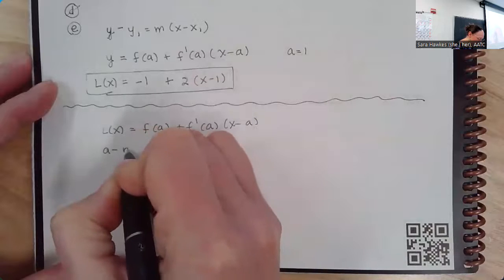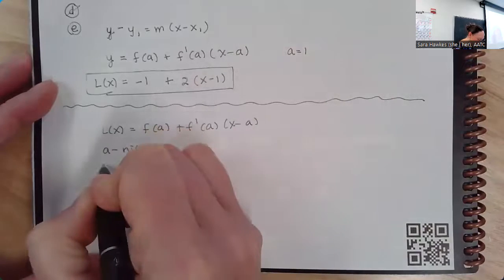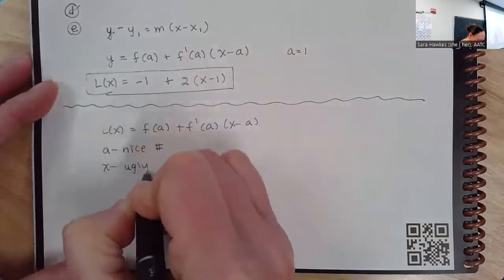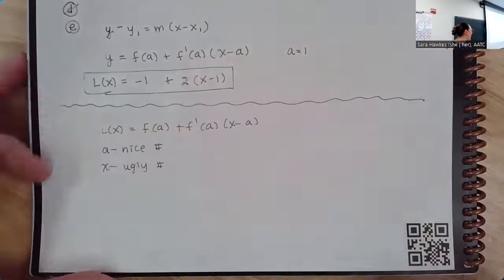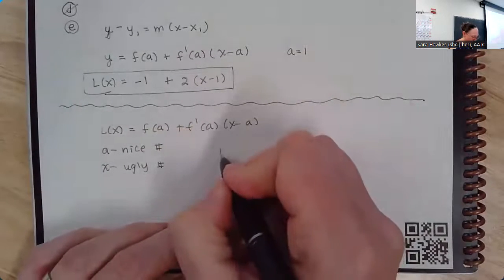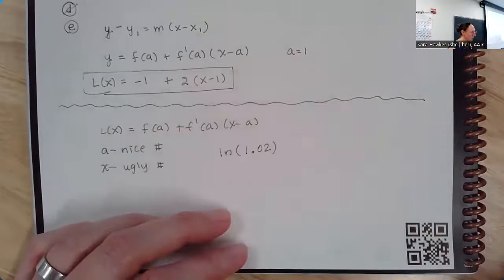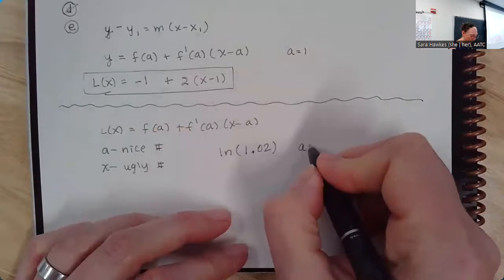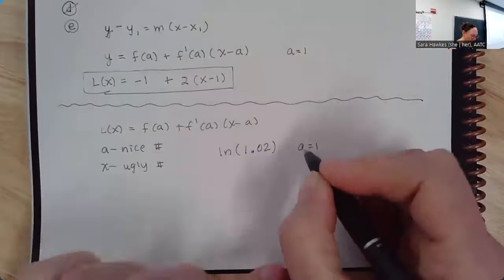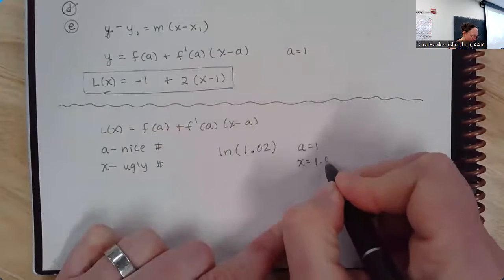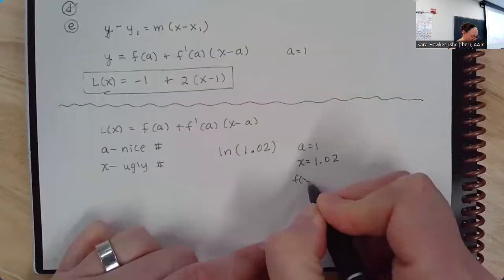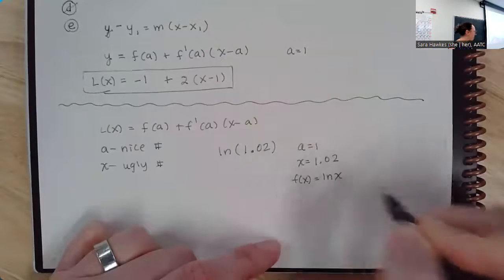A is the nice number. X is the ugly number. So if I were asked to find the natural log of 1.02, my nice number is 1, and the ugly number is 1.02, and my function would be ln of x.